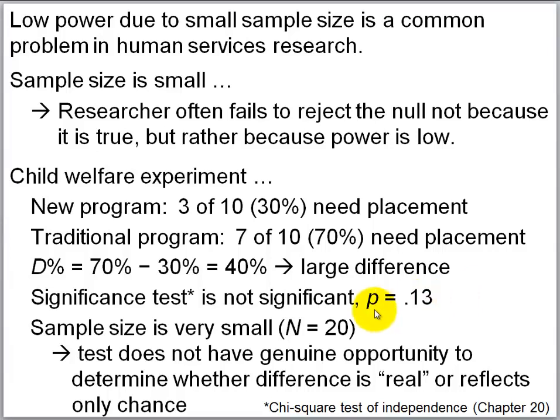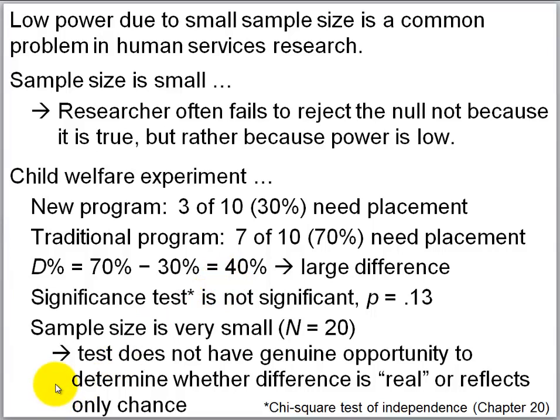So what's going on here is that sample size is very small. The total n is about 20. So in this situation, you'd need a very, very large difference in percentages in order to reject the null. And so a difference of 40% isn't sufficient, and therefore the null is not rejected.